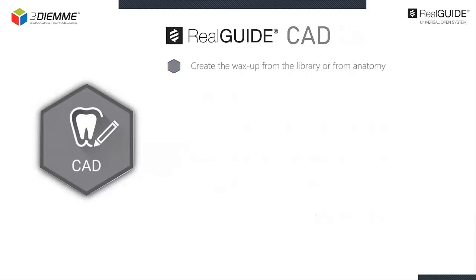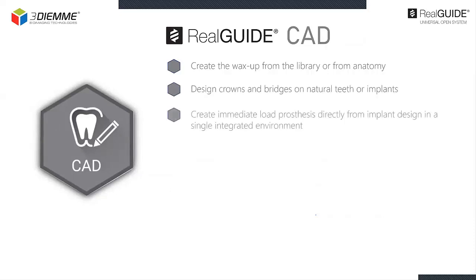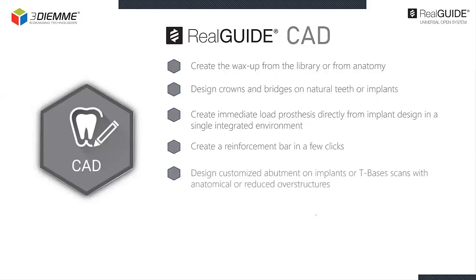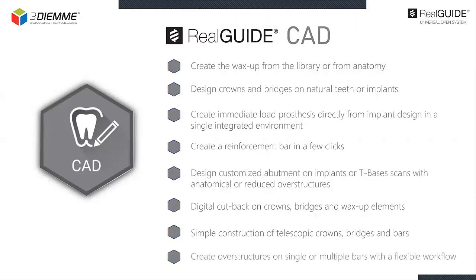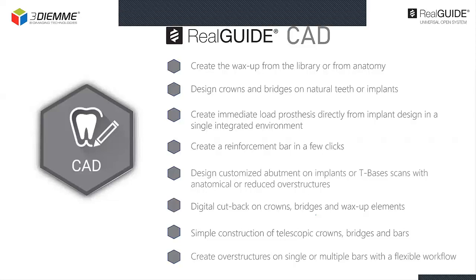Create the wax-up from the library or from the anatomy, design crowns and bridges on natural teeth or implants, create immediate load prostheses directly from implant design in a single integrated environment, create a Dolder bar in a few clicks, design customized abutments on implant or Ti-base scans with anatomical or reduced upper structures, digital cutback on crowns, bridge, and wax-up elements, a simple construction of telescopic crowns, bridges, and bars, and create overstructures on single or multiple bars with a very flexible workflow.